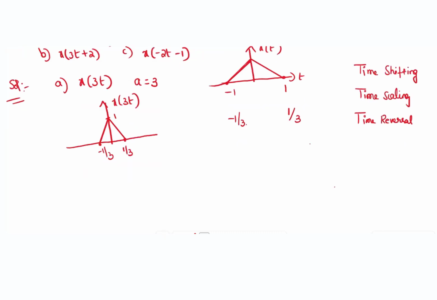Okay. Now the second one is x of 3t plus 2. Here if you see, there exists shift and also scaling. Time shift and time scaling. So when a function consists of time shift and time scaling, simply you have to go. See this, this is the flow.